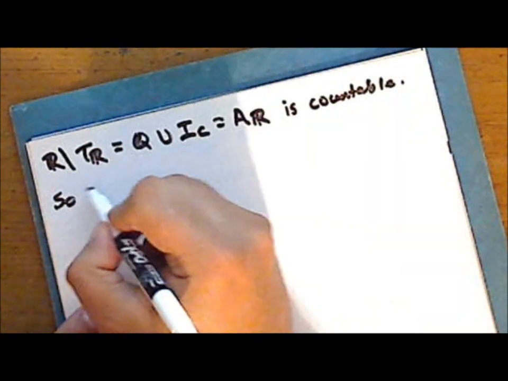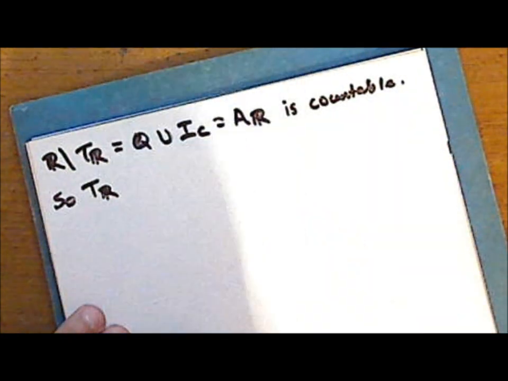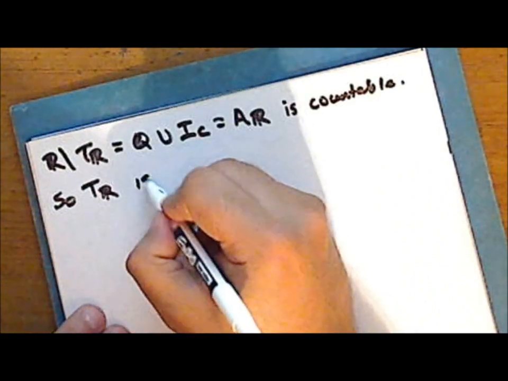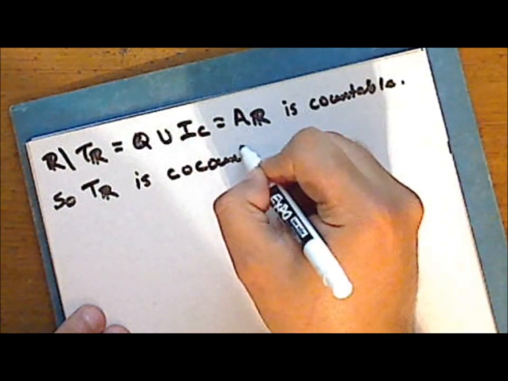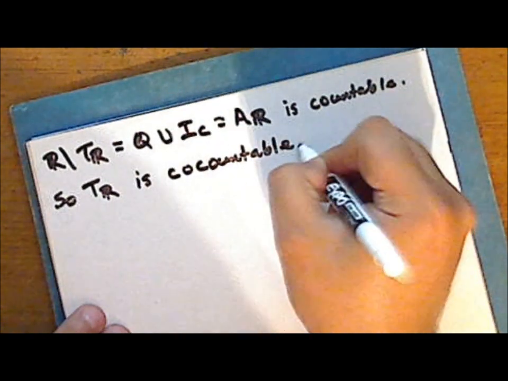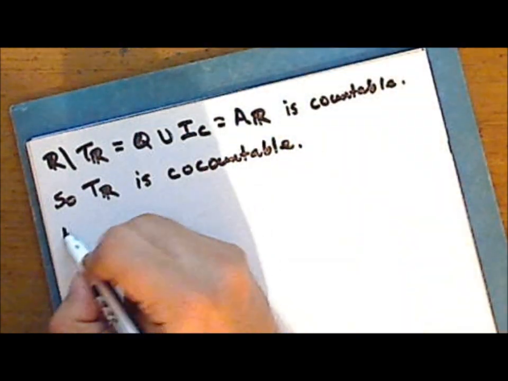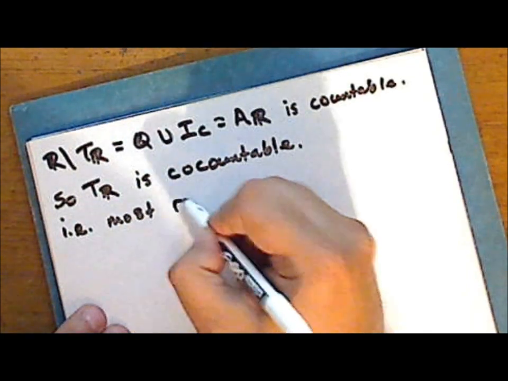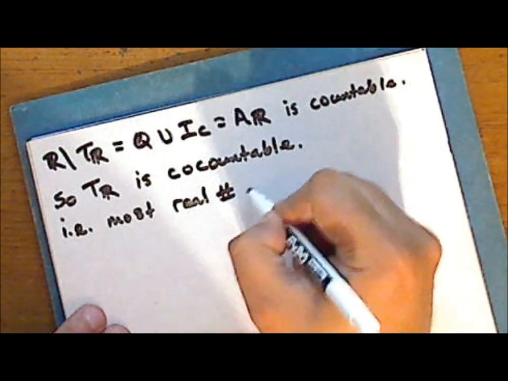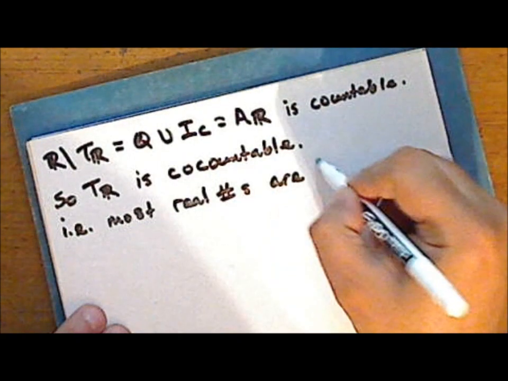And so the real transcendental numbers is co-countable, and so this is just another way of saying that most real numbers are transcendental.